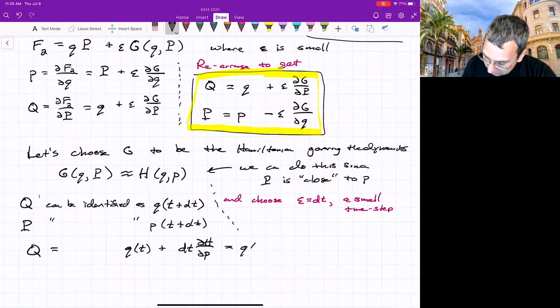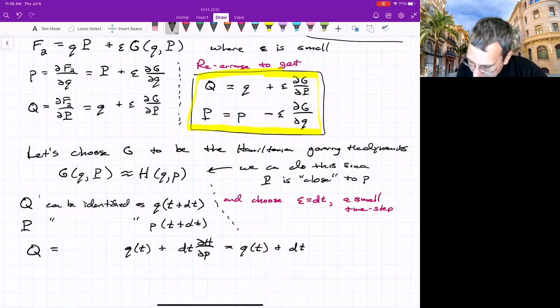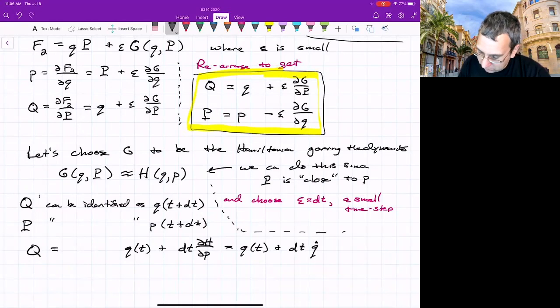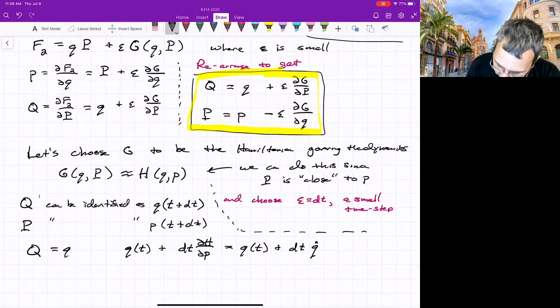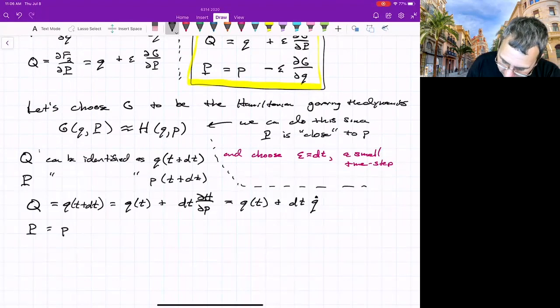So this is q plus dt times partial h partial p, which in Hamilton's canonical equations is q dot. So what we're getting is something that looks like the Euler solver for ODEs. It's just a first order integrator. So that's where we get this identification of big Q as little q at t plus dt, and the same for big P as little p at t plus dt.